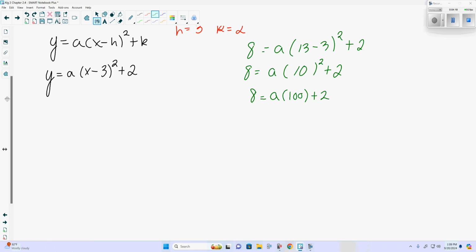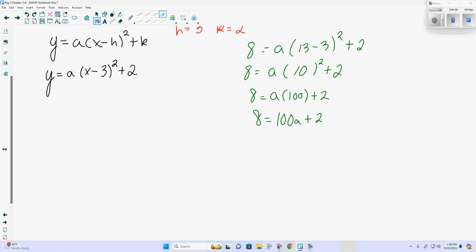So we have a times 100, plus 2. Really, we could have said a times 10 squared is 100a. We didn't necessarily need that in-between step, but I'm going to write it on the first one so that we see it.